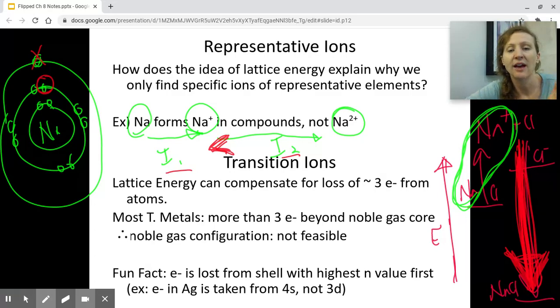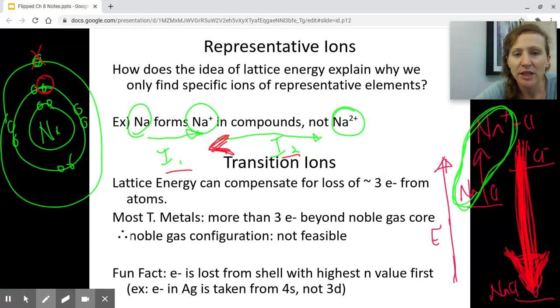If you never have that energy redeemed, so to speak, then there's no reason for the ion to form, no driving force behind why that ionization would occur.